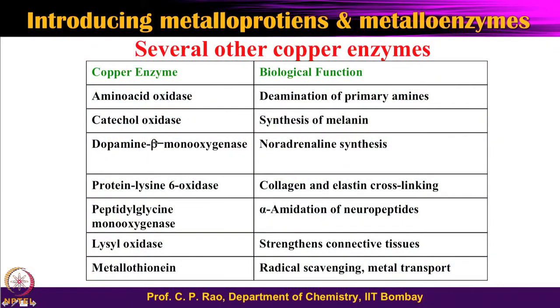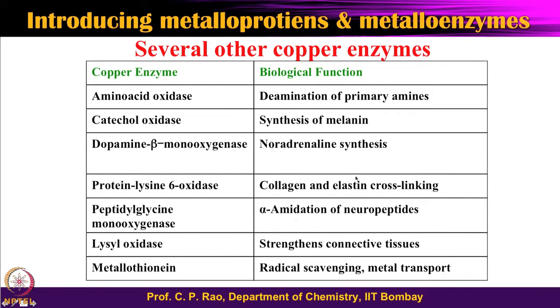So many different kinds of things. Here we see a few additional kinds: amino acid oxidase, catechol oxidase, dopamine monooxygenase, lysine oxidase, peptidyl glycine monooxygenase, lysyl oxidase, metallothionein. So, a variety of these things are there in the copper enzymes.